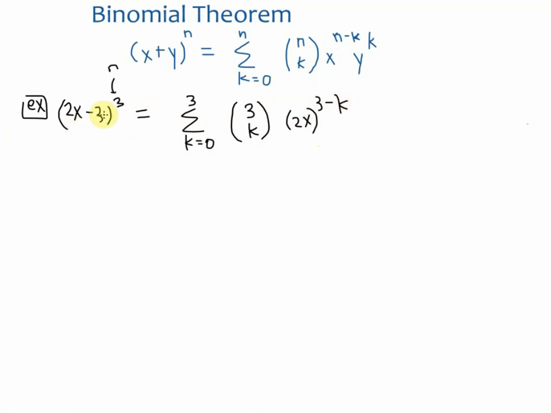And then y is negative 3, so negative 3 to the k. Okay, so this is a really important step, so let's write it out in words as well in your notes right here. You're going to write out your binomial theorem, substitute in n, x, and y, but leave k as k. K is going to tell you which term you are substituting.